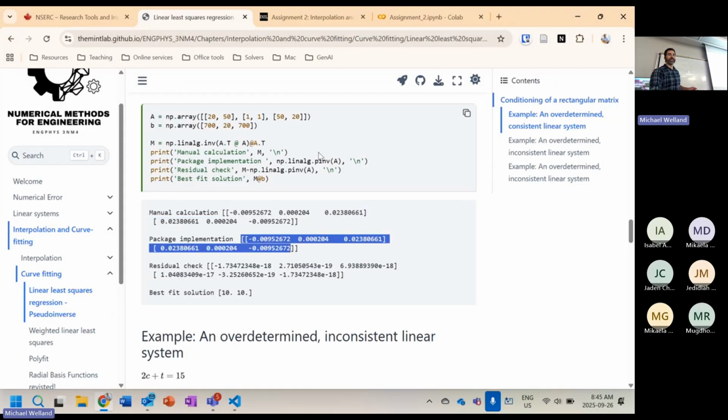But if you look at the pinv, the pseudo-inverse of A, it spits out the exact same thing down here. Remember, everything less than 1e-16 is effectively 0. So 0, 0, 0, 0, 0, these two things are the same. And the best fit solution is 10, 10, which is what we would expect.